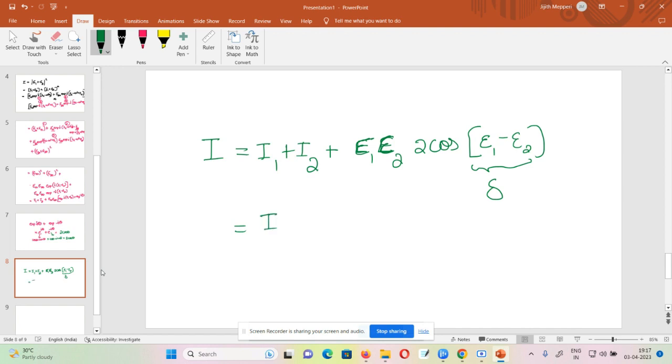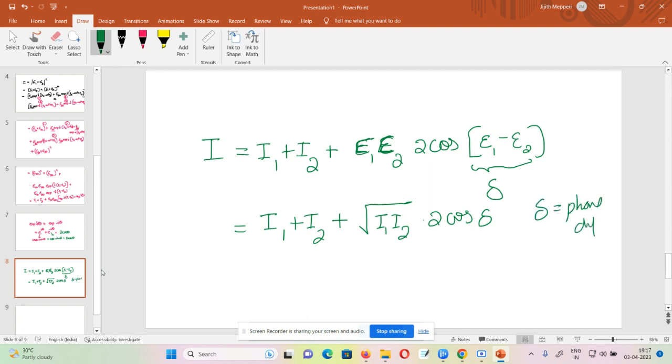So it will come as I1 plus I2 plus square root of I1 I2 into 2 cos delta. The delta is a phase difference. So the total irradiance will be I1 plus I2 plus 2 square root of I1 I2 into cos delta. Got it?